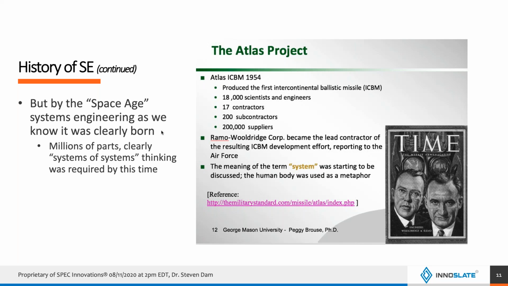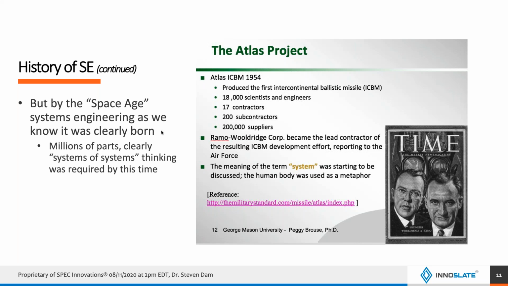Ramo and Woolridge were the founders of Ramo Woolridge Company, but that became Thomson Ramo Woolridge, which became TRW, which was bought by Northrop Grumman. So many of these things happen over time, yet people go into different things. I actually worked at TRW, so I remember we had a lot of interesting names for it, but it was a great company at the time, and they had quite a bit of ability to support the Defense Department, particularly in a lot of what they did.